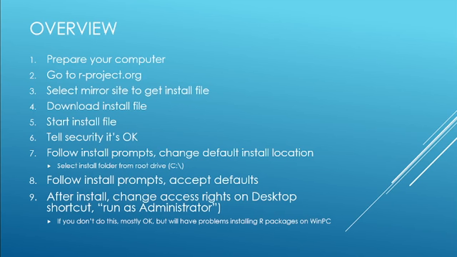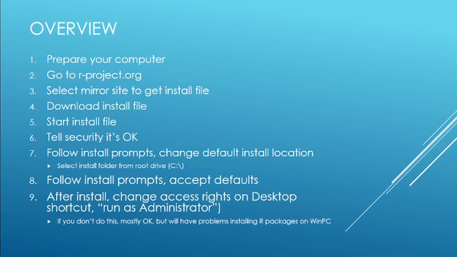So then step 8 is basically just follow the prompts as they go, accepting the defaults. And then an additional thing, which isn't essential but helps you down the road: you're going to get a shortcut put onto your desktop. Normally you just click on it and off you go, and it starts R. But again, the way Windows security works is that it freaks out if you try to install stuff.